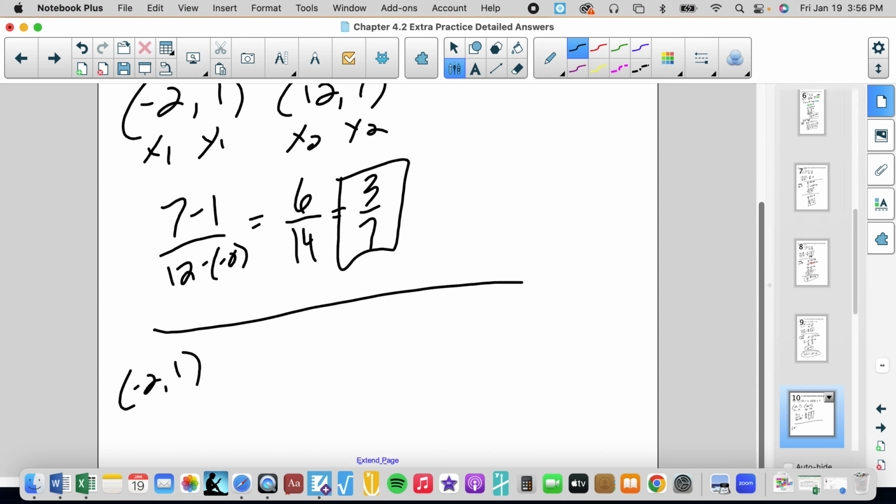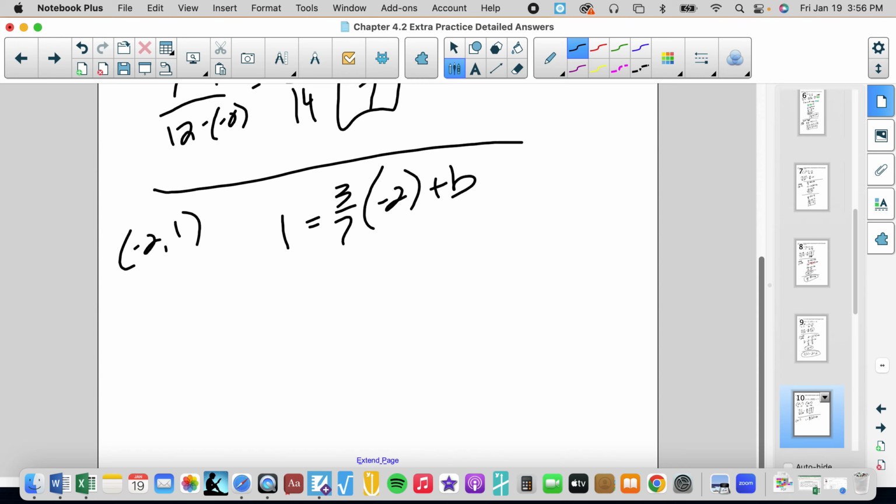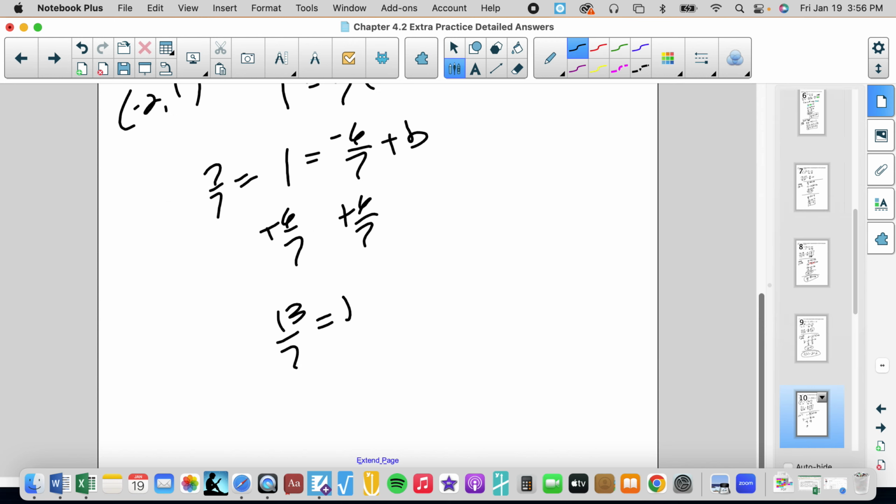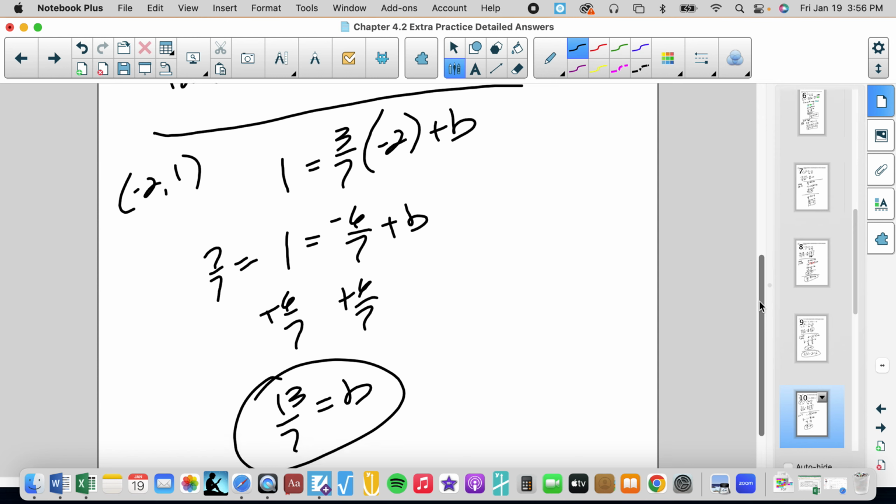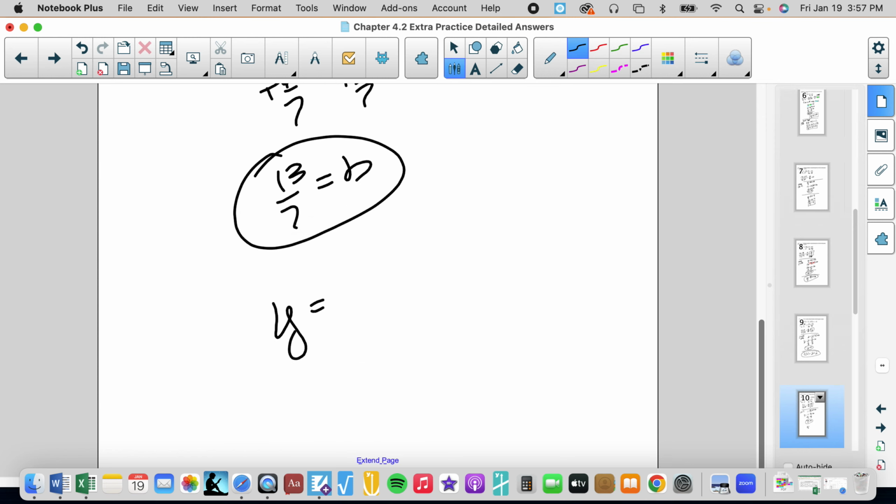Using (-2, 1), you get 1 equals 3/7 times -2 plus b. I'm plugging into y equals mx plus b, plugging in for m and the x and y, and I get 1 equals -6/7 plus b, add 6/7, add 6/7. 1 is equal to 7/7, so we get 13/7 equals b, and my slope is, what's my slope? 3/7. So y equals 3/7 x plus 13/7.